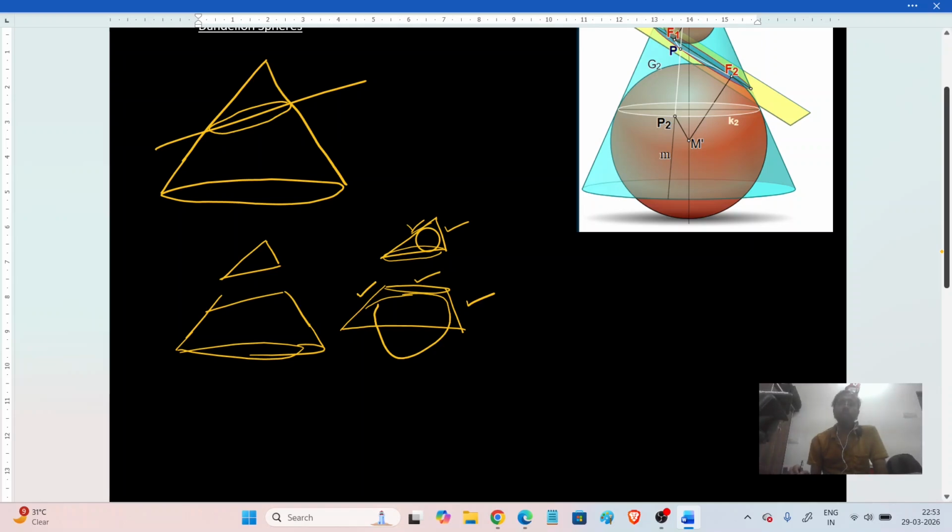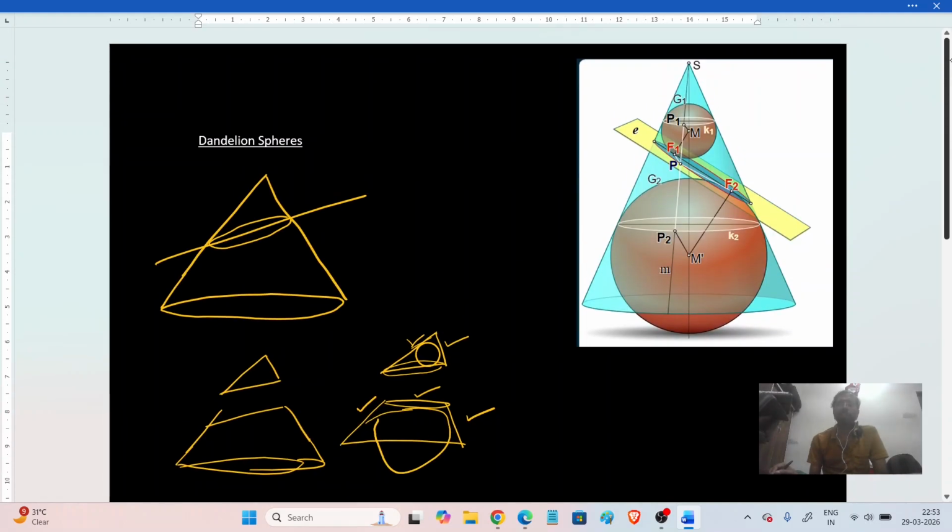So these are the two spheres that you get, and this picture on the screen is exactly that picture which I just described, and these two spheres are called dandelion spheres.